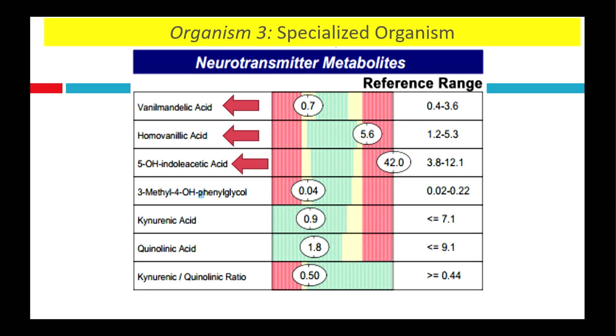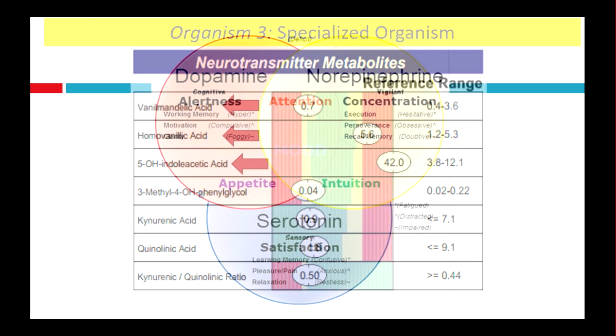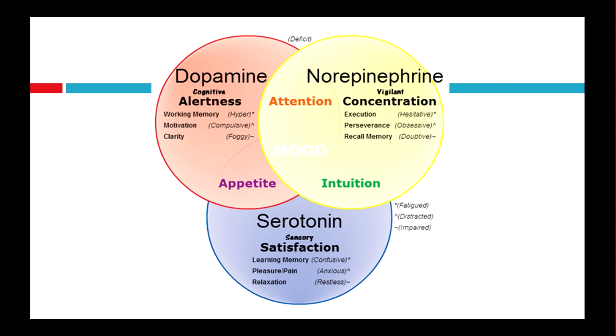And why is this important? Because now, in a urinary sample, instead of taking a brain biopsy, we can determine your levels, and we know that dopamine is responsible for your cognitive alertness, norepinephrine for your vigilant concentration, serotonin for your sensory satisfaction, and the three of them go and affect your mood.